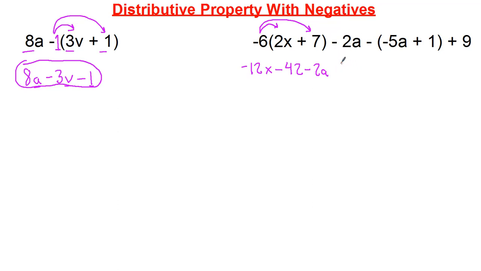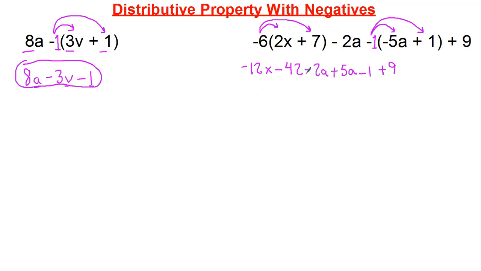Just leave it alone. Next, this doesn't have a number. Let me just go ahead and add that 1 there. Negative 1 times negative 5 is positive 5. And of course we have the a, so we got to keep the a as well. Negative 1 times positive 1 is negative 1. And then the 9 is just a 9, just by itself over there.